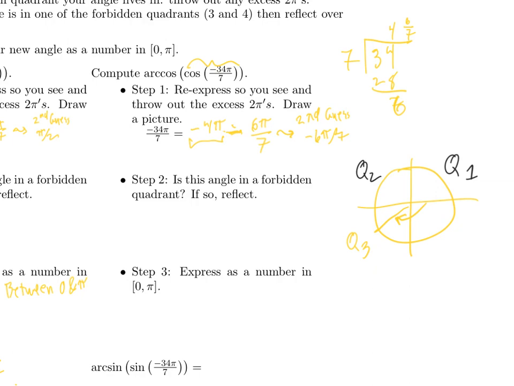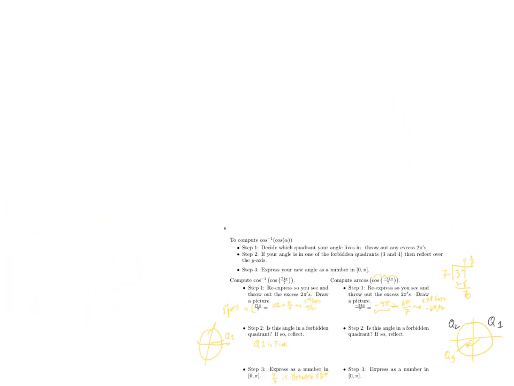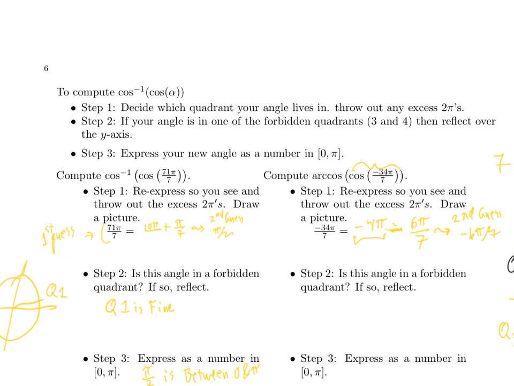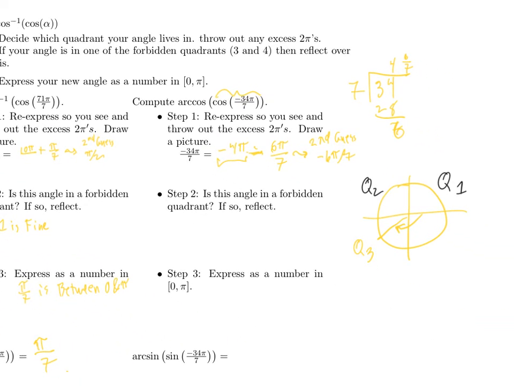So let's think about what reflection we want to do. So if your angle is in one of the forbidden quadrants, then I want to do a reflection that preserves the x value, because the x value is cosine. So I want to do a reflection over not the y-axis, but the x-axis. So let's reflect over the x-axis.